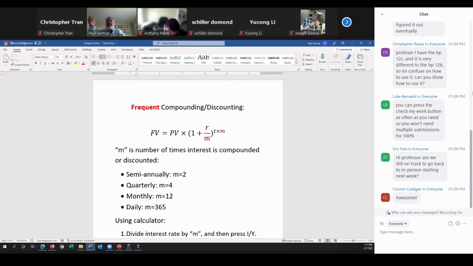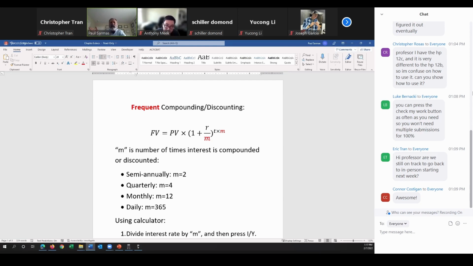How would you make the adjustment? Now, you can do that on your calculator. I'm not going to show it to you. If you are interested, come to office hours, and I will show it to you one person at a time. The reason is that if you change the setup on your calculator to semi-annual, monthly, or daily, you always have to remember to change it back, because the next problem will have a different compounding setup.